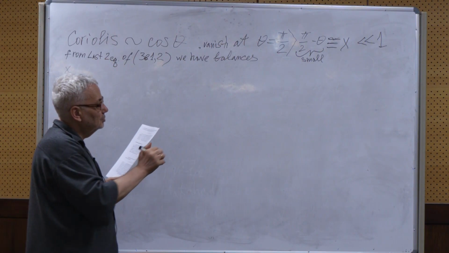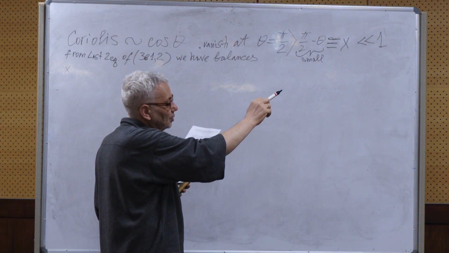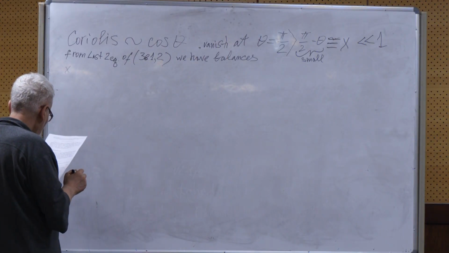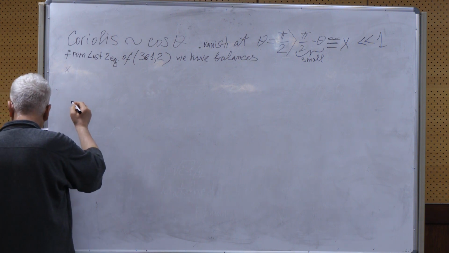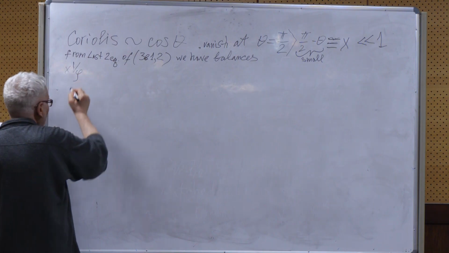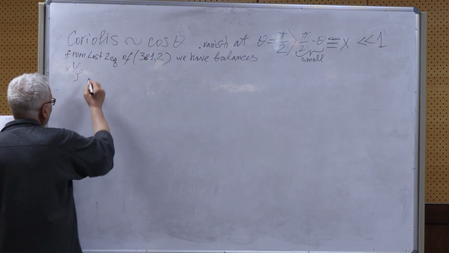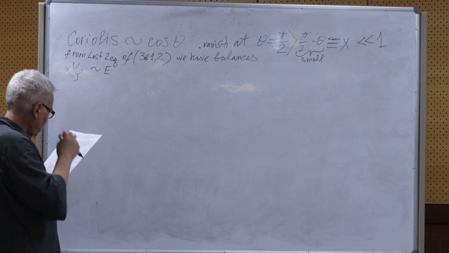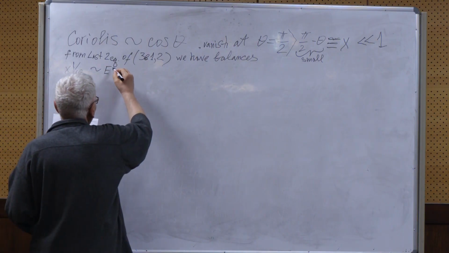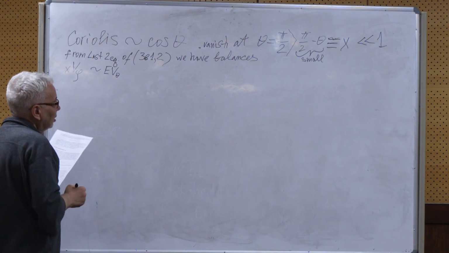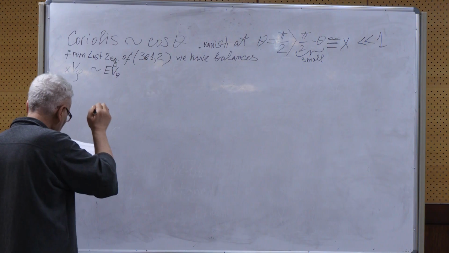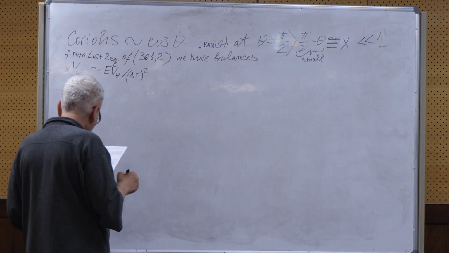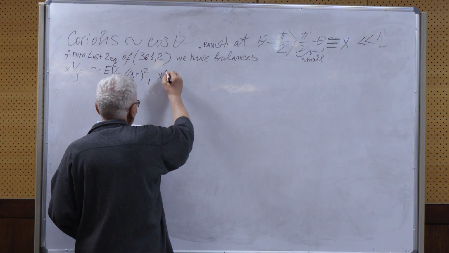You see that these last two equations starting from V phi, and this V phi actually appears like x V phi, that is proportional to Ekman number, V theta over delta R squared, then x V theta.